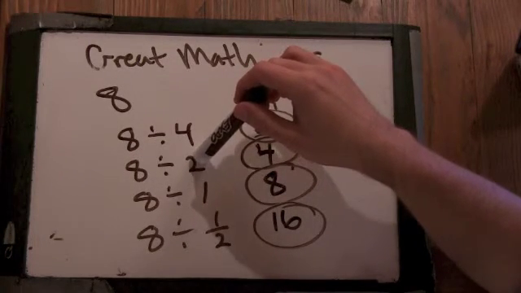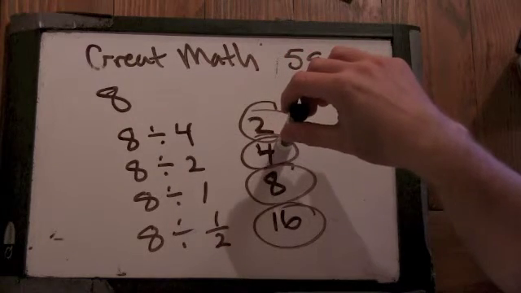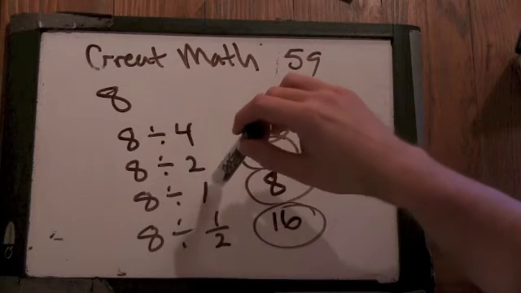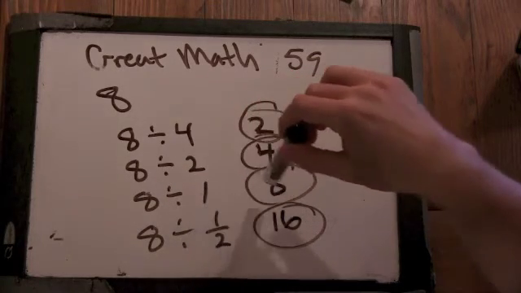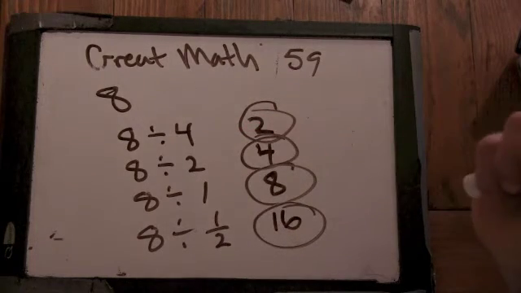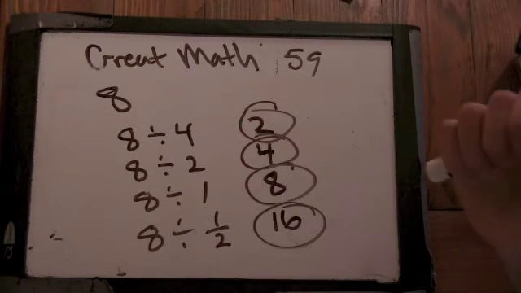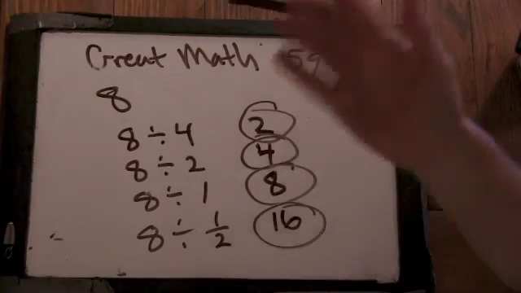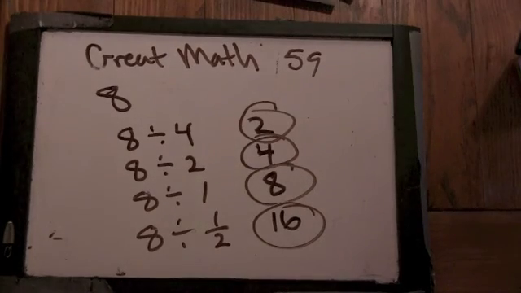How many groups? 4 groups of 2. If I split them into groups of 1, how many groups? 8. I had 8 things, I split them into groups of a half. How many groups would I have? 16. Why? Because 2 groups of 1/2 is 1, so 16 groups of a half is 8. Very good. Nice work. Good job.